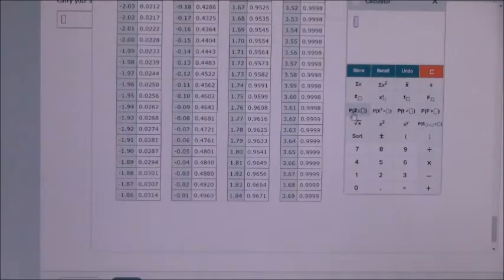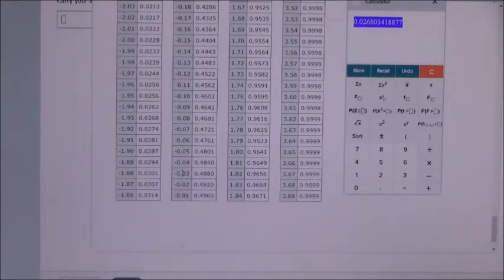This is doing the area to the left. You can see that it says less than or equal to. So if I'm less than or equal to negative 1.93 on the Aleks calculator and I hit equals, you can see that I get the same value, 0.0268, which was the same value here, 0.0268.